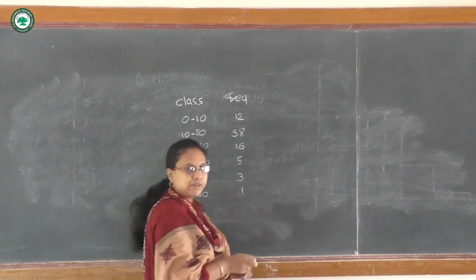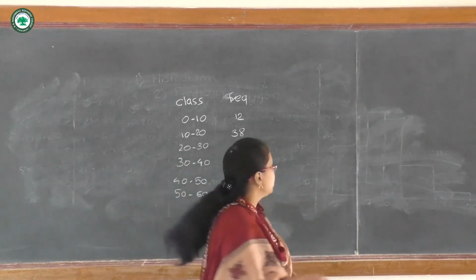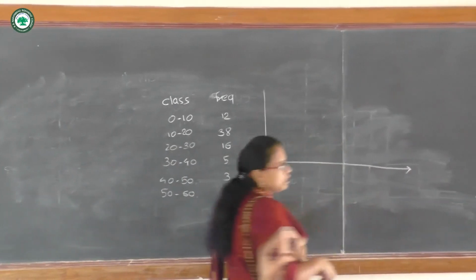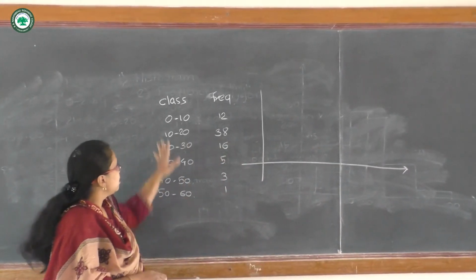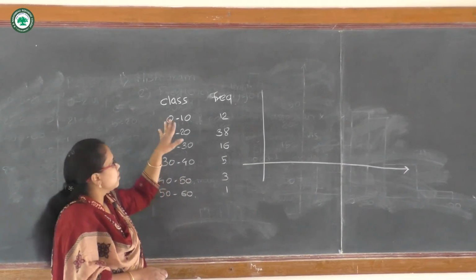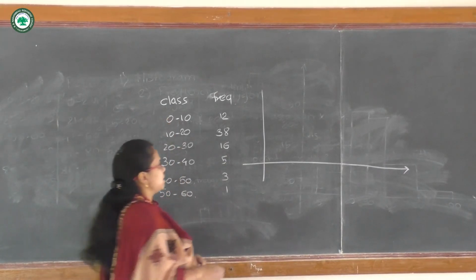So this is the given frequency distribution. Then we have to draw the frequency polygon. We can see here that the classes are of equal width and they are of exclusive type.